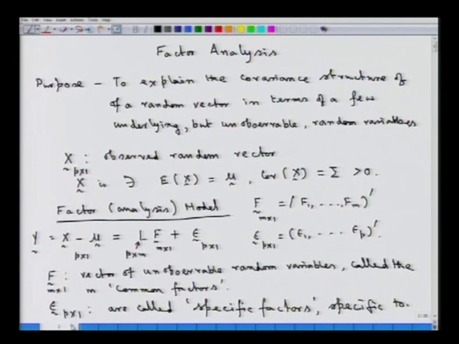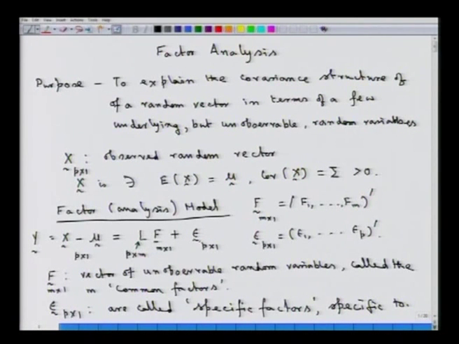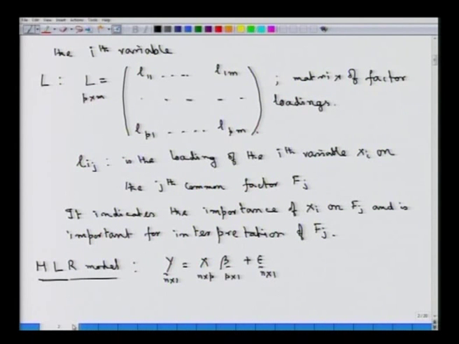So while a multiple linear regression model tries to explain the response variable through p plus n random vectors, wherein epsilon is the vector of noise and x corresponds to the values of a random variable which are observable, in the case of a factor analysis model, none of the right hand side is observable. Epsilon is the vector of specific factors or simply the noise, and this f vector is a vector of unobservable random variables, they cannot be observed, right, and L is the matrix of constants, right. So there is a huge difference, although the two models look similar.